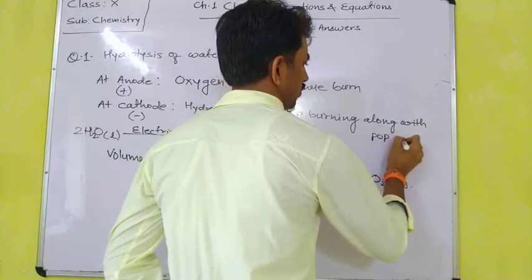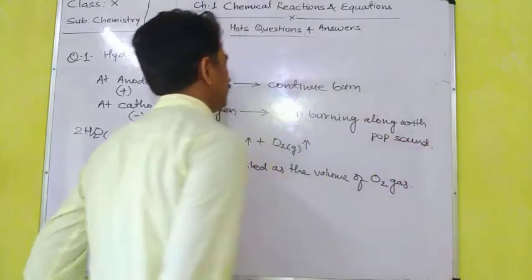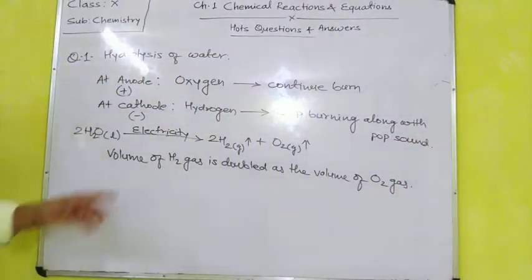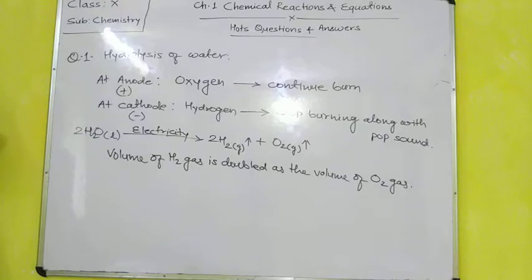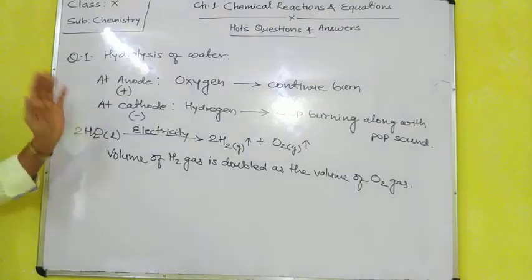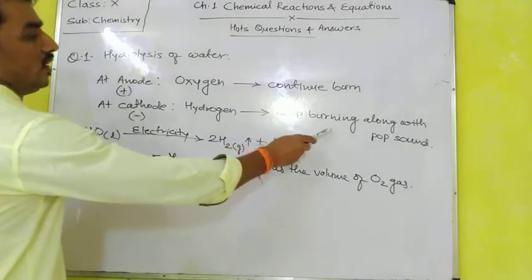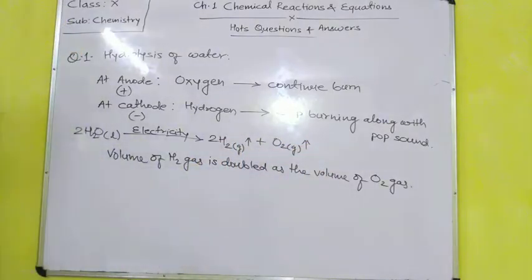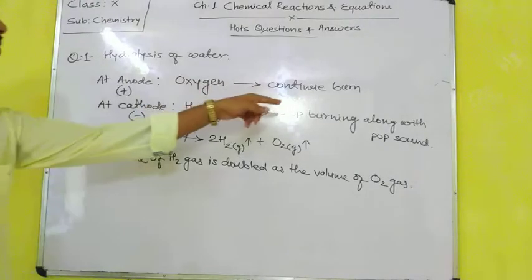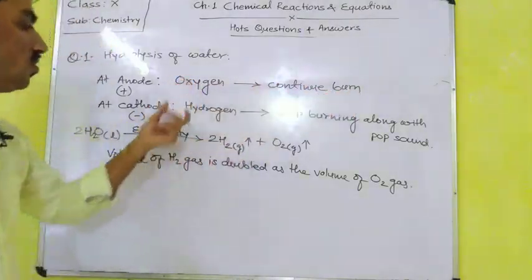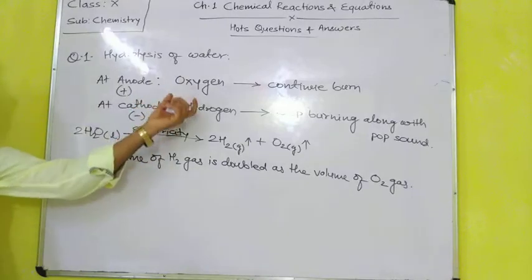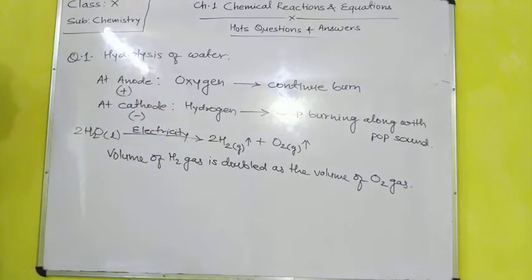If there is a pop sound and the burning stops, then it is hydrogen gas. If it continues burning, then it is oxygen gas, because oxygen is helpful in burning and hydrogen burns. Now the next question: complete the following.